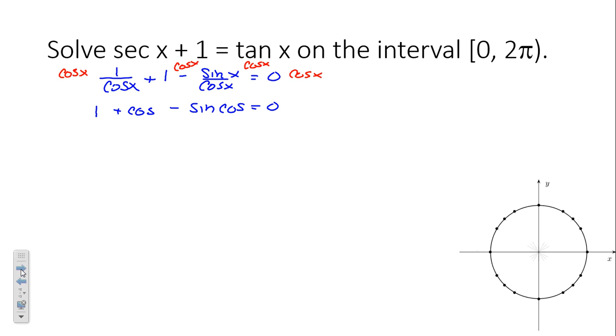Let's try that. So we're saying if we do that, these two, you're saying 1 plus the cosine minus the sine all over cosine.